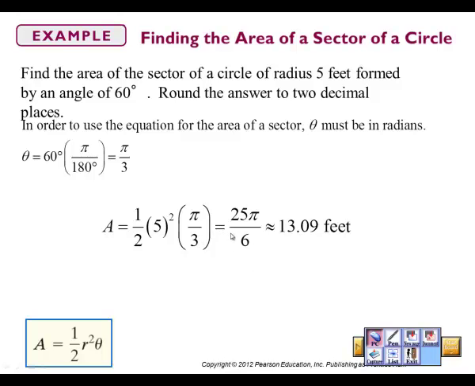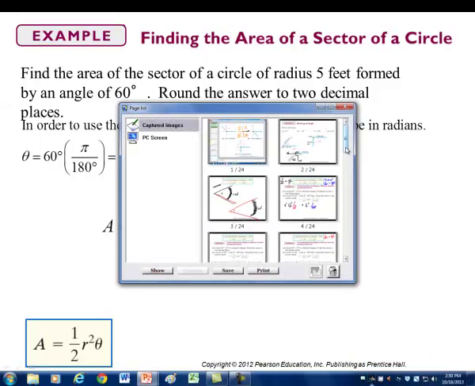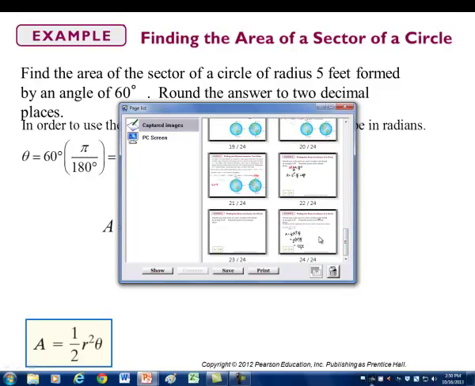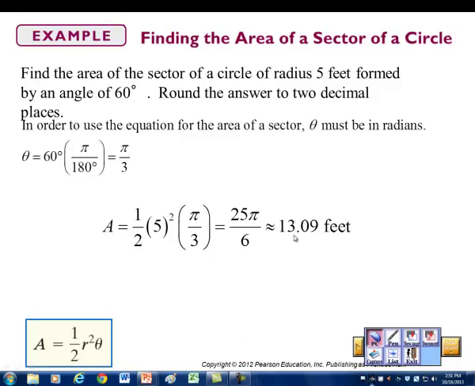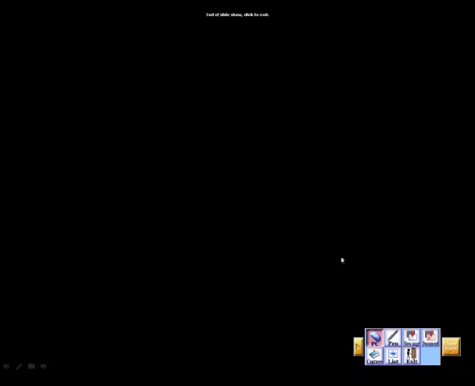But if we were to do the same thing here, 12.5 times pi divided by 3, you'd get the same answer, and we end up with 13.09 feet, and that's going to be feet squared. The units for area are always squared, so that'll actually be feet squared, and that's the end of our presentation.